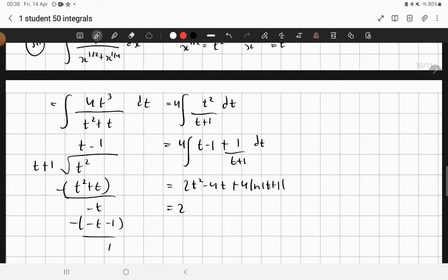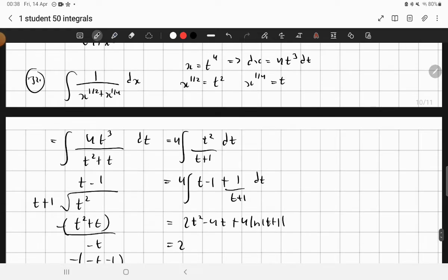So we know that t is equal to x to the power 1 over 4. Just substitute x, so 2 x to the power 1 over 2 minus 4 x to the power 1 over 4 plus 4 ln of x to the power 1 over 4 plus 1.